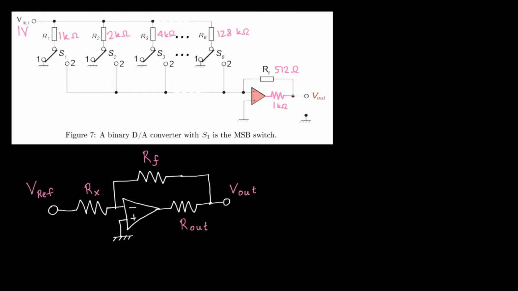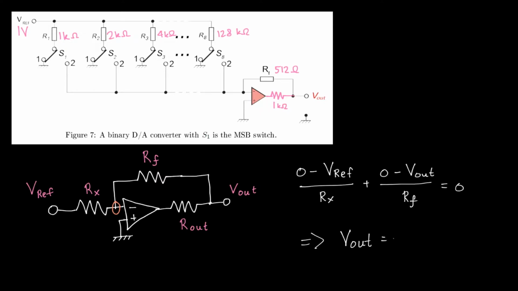We can now use this sketch as a reference for nodal analysis at the inverting input node of this operational amplifier. Note that the potential at this inverting terminal has to be 0 volts because the non-inverting terminal is connected to ground. So nodal analysis will give us the following equation. And if we write this, we get the following.